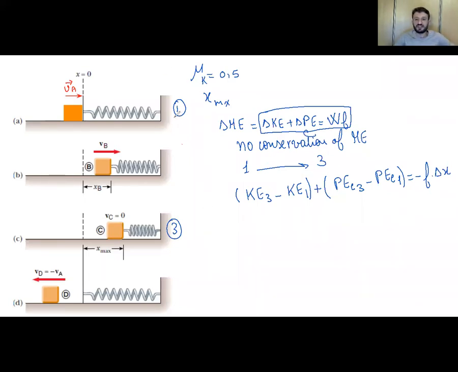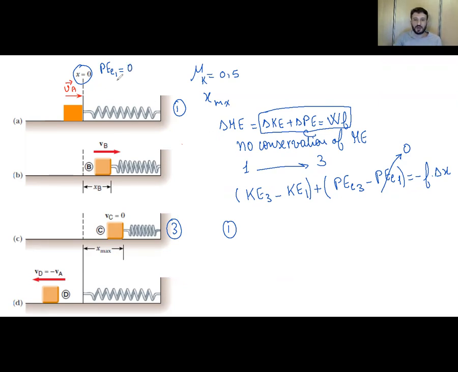Now, in state 1, what do we have? We have x equals 0, so we don't have elastic potential energy: half kx squared equals 0.